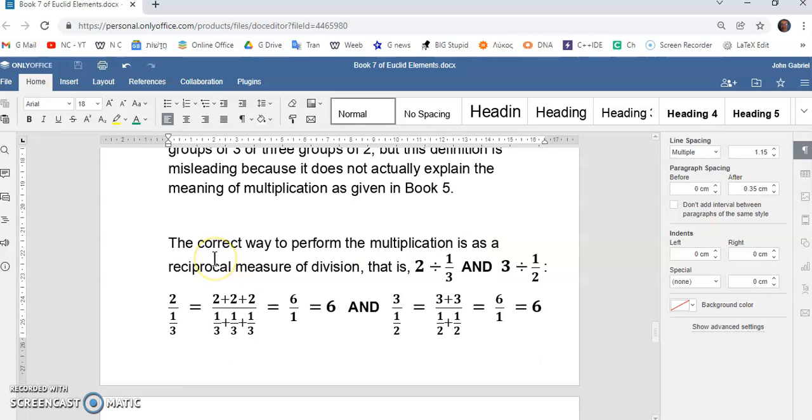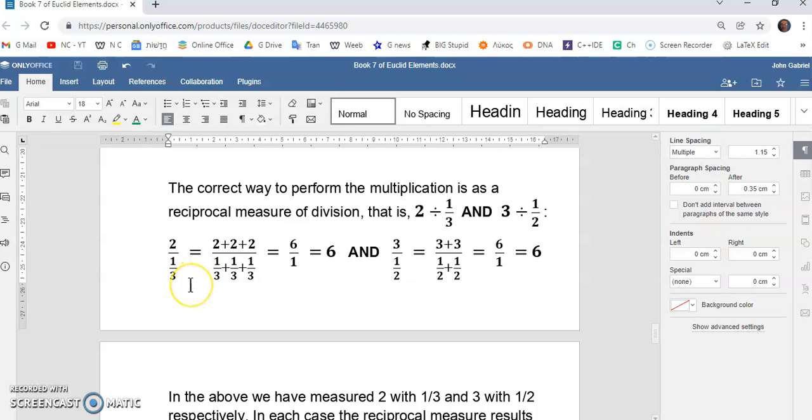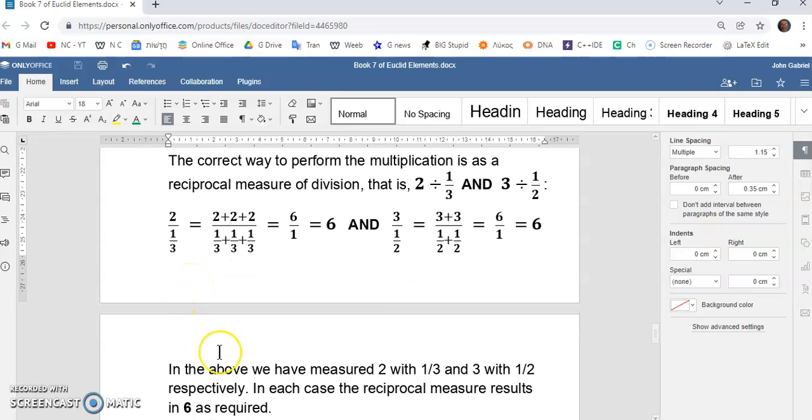So if you were to do it the correct way, as it's done in book 5, it would be a reciprocal measure of division. That is, you would need both 2 in quotientness with a third and 3 in quotientness with a half. And this is the way you would do it. You would use proposition, can you remember which proposition? 12. Proposition 12, right? In order to find out this multiplication.